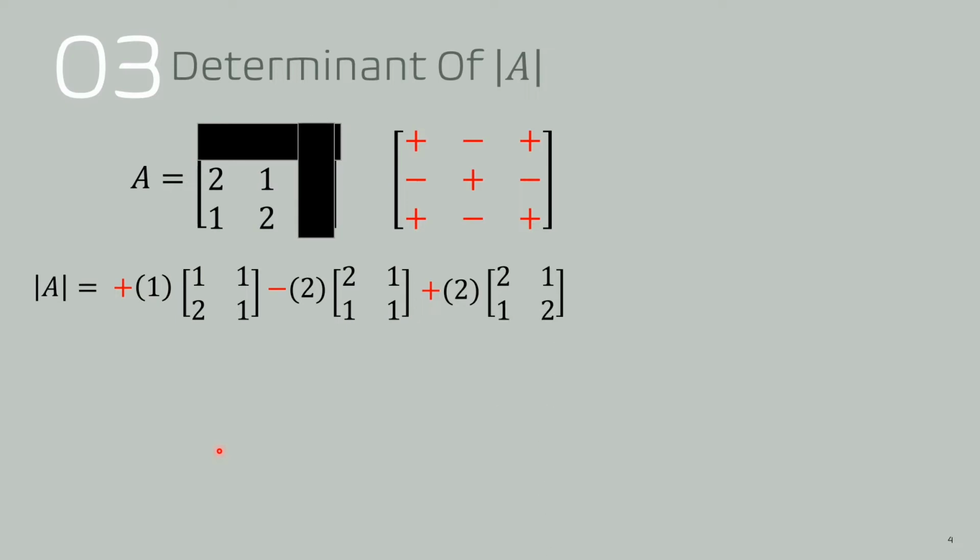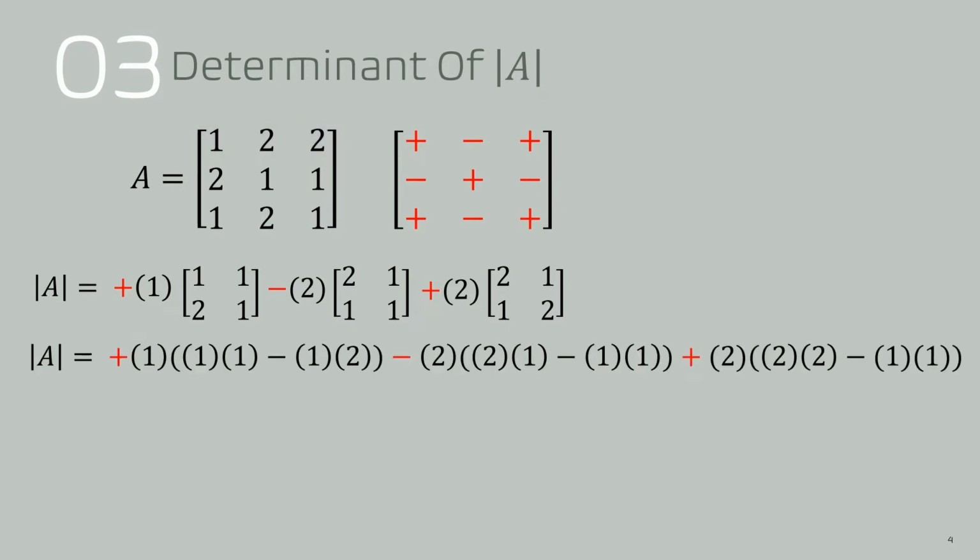We multiply that with the original number, and they have their own operations, which are plus, minus, plus, as I showed right at this section. So we can just calculate it normally, and we will get the determinant of A equal to 3.